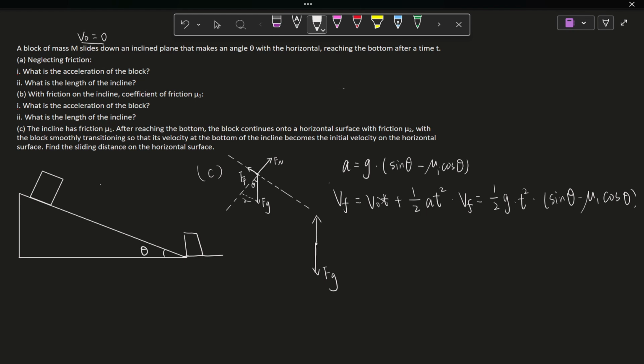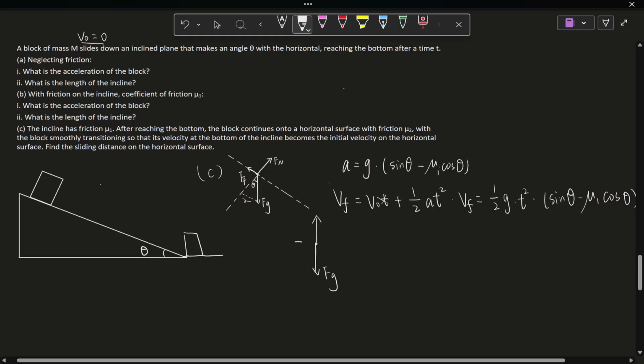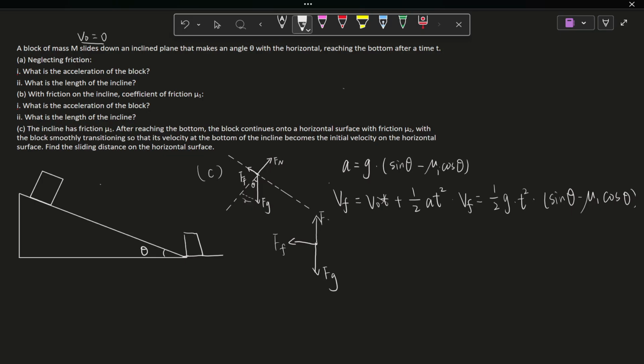And since the block, after it slides down the slope, is moving that way, its friction force will always oppose the direction it's moving, so it's going that way. This is the friction force. This is the normal force.